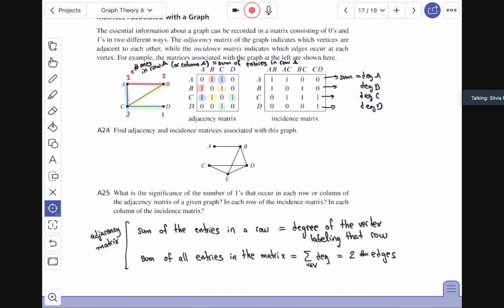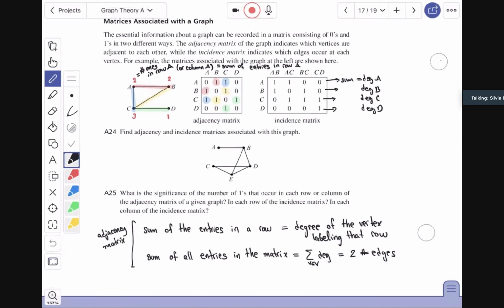So there is a nice relationship between the paths in the graph and the powers of this matrix. So I think that's one of my favorite applications of adjacency matrices. We'll see that later. But for now, this is mostly notation and vocabulary.